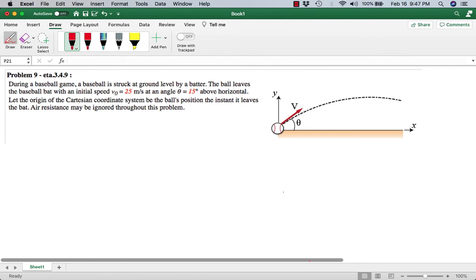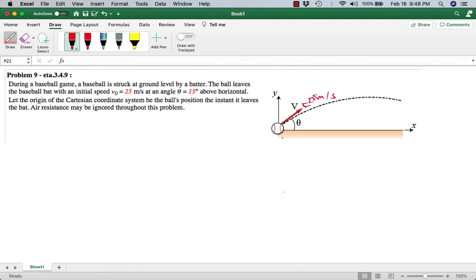So let's look at number 9. During a baseball game, a baseball is struck at ground level by a batter. The ball leaves the baseball bat with an initial speed V0 of 25 meters per second. So our initial velocity here is 25 meters per second, at an angle of 15 degrees above the horizontal.